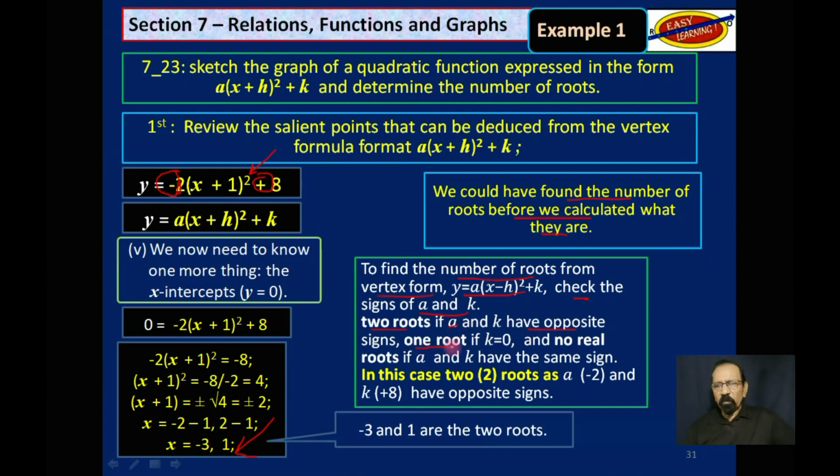You would have one root if K is equal to 0, if you had nothing here. And you would have no real roots if A and K have the same sign. Now, in this case, we have two roots since A is -2 and K is +8. Opposite signs, so two roots. And we know what they are. We already calculated them because we needed to sketch the graph.